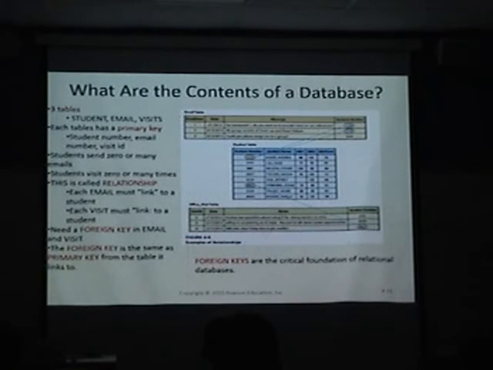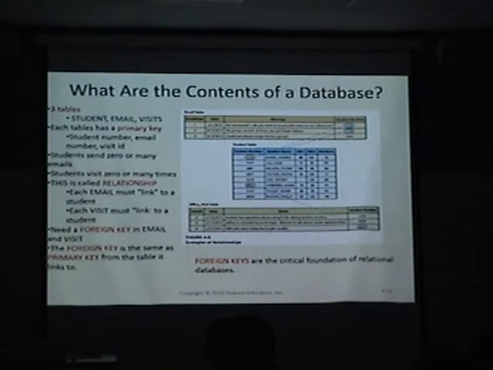So a student can have 0 or many emails. A student can have 0 or many office visits. Okay? So if we look at Andrea Baker, that's her student number, right? How do we tell if she sent any emails?